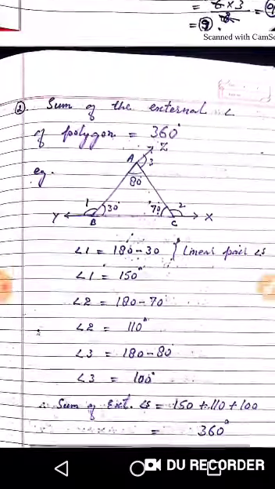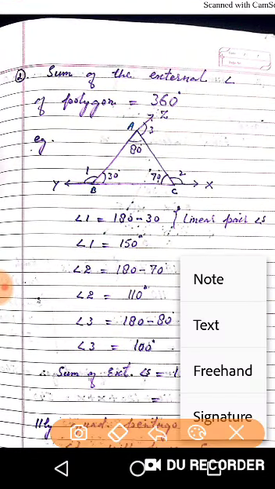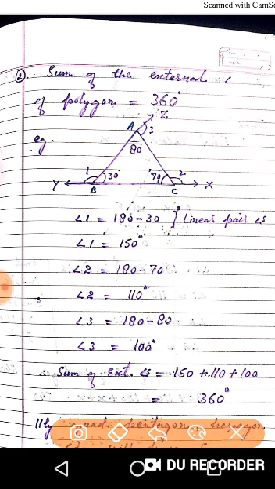Now the second one is this. We know the sum of the internal angles of a quadrilateral is 360 degree. It is for a quadrilateral only.